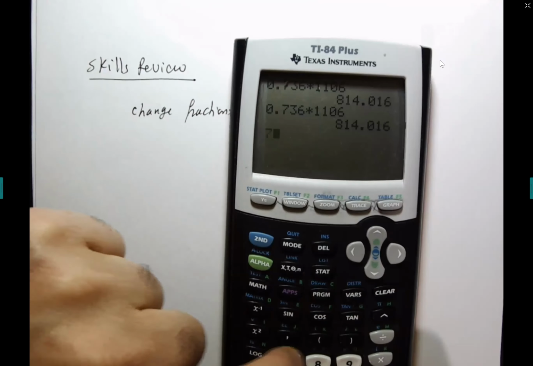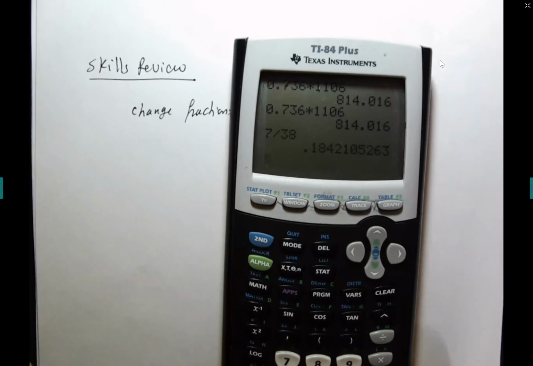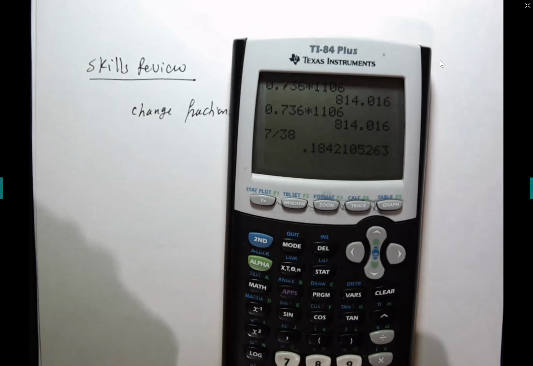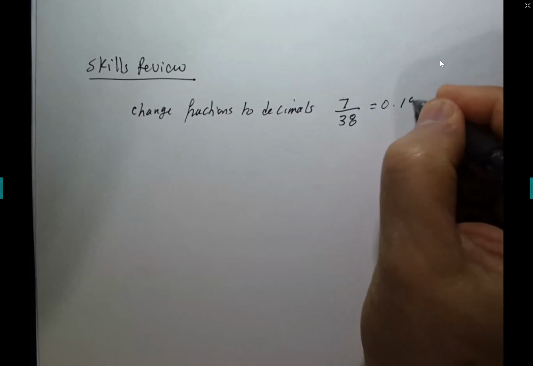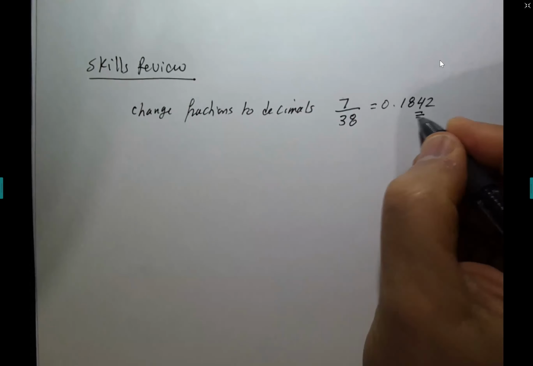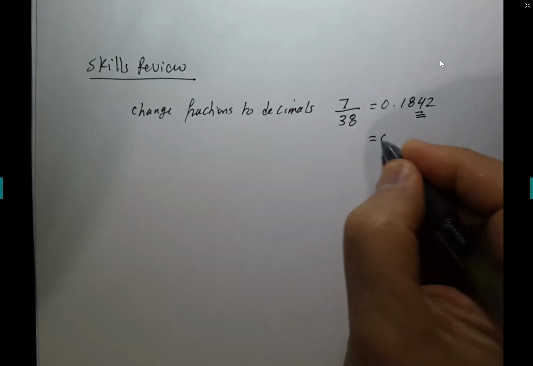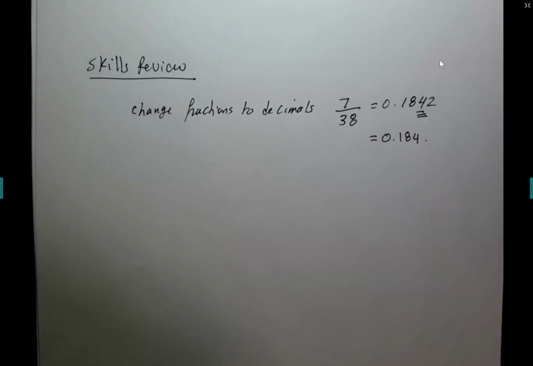Here, 7 divided by 38, and you get 0.1842. Let's say he asks you to write the answer to 3 decimal places. To 3 decimal places, we need 3 decimals, so it should be 0.184. That is how you change fractions to decimals.